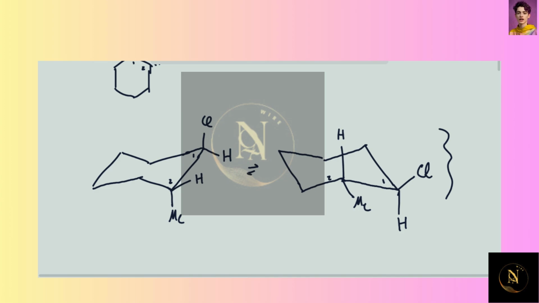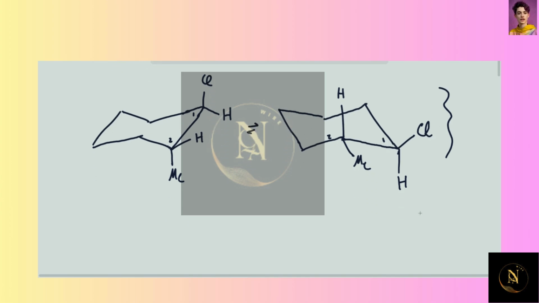Okay, so I'll just draw a Newman projection from this angle here. All right, so I would appear to have a hydrogen that is straight down. I'm going to have a chlorine that's up and to the left. And then up and to the right is the rest of the ring.